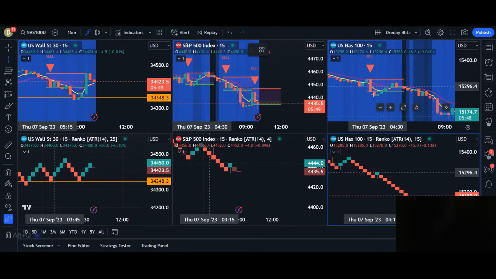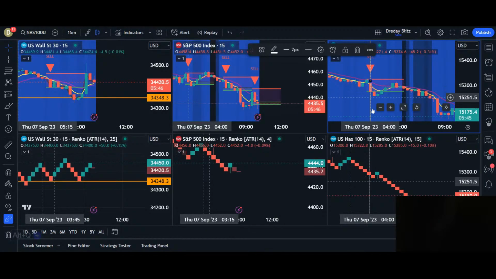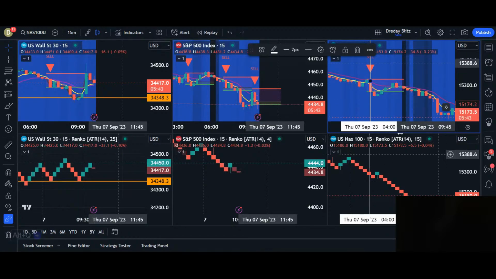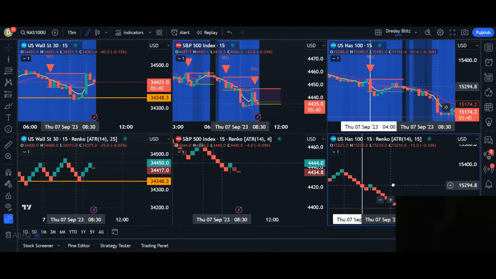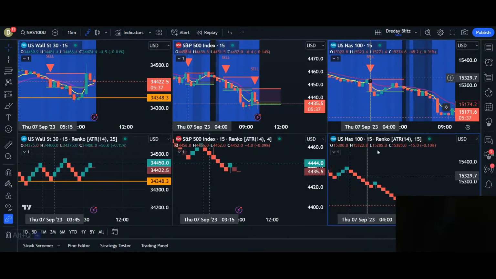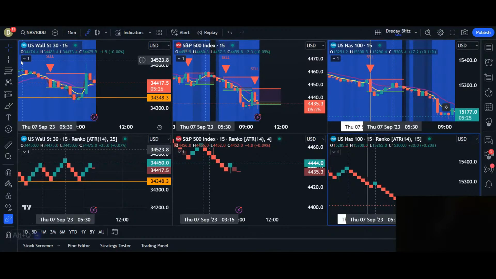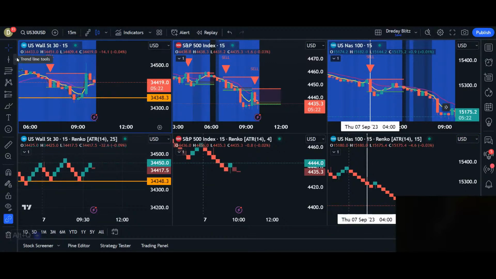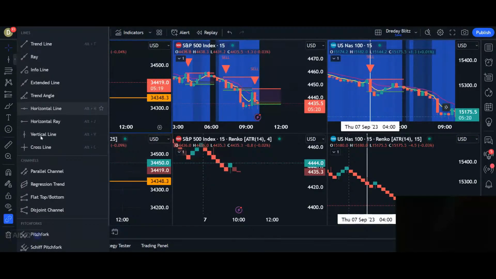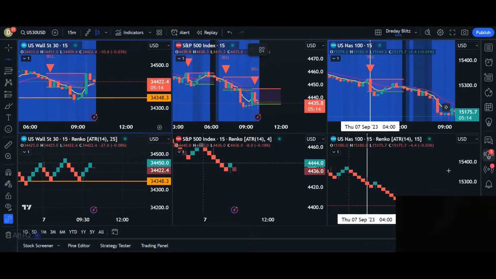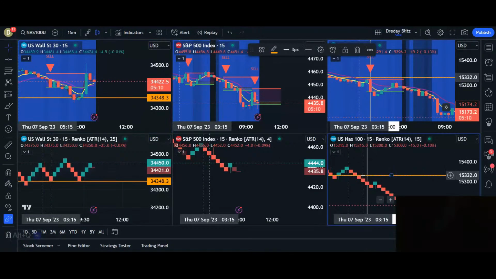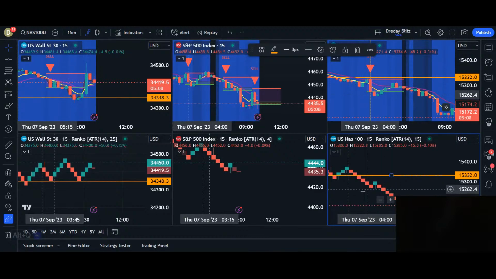So let's plot a line here. The way that I put my stop loss is, if the trade is running, I make sure that the signal is running first, and then I put a horizontal line off of it.